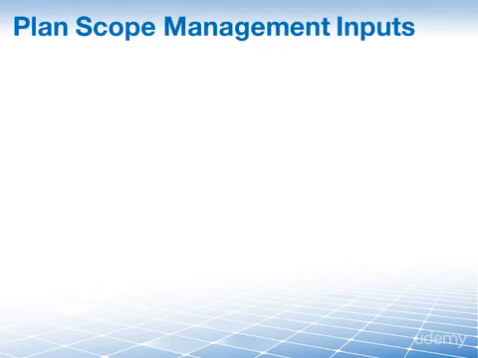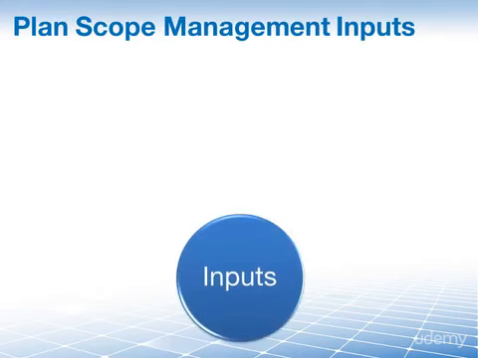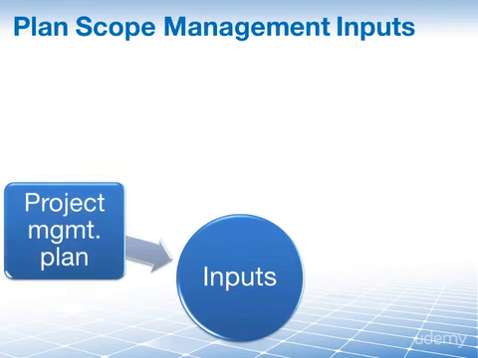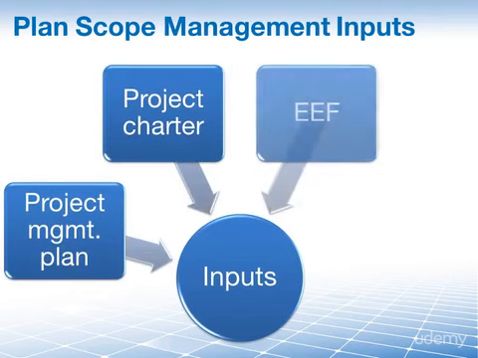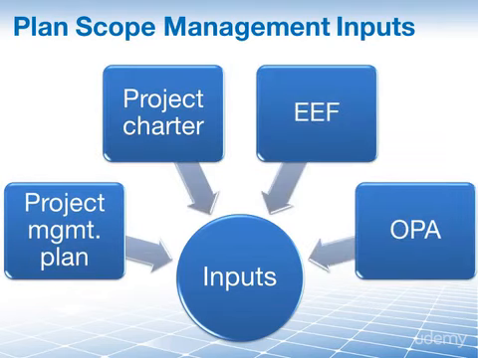We begin, of course, with our inputs, and we have 4 of them. There is the project management plan, the project charter, the enterprise environmental factors, and the organizational process assets. And remember what I said on the previous slide: this process happens early on in the project life cycle. So it's not surprising that we have a smaller number of inputs here.